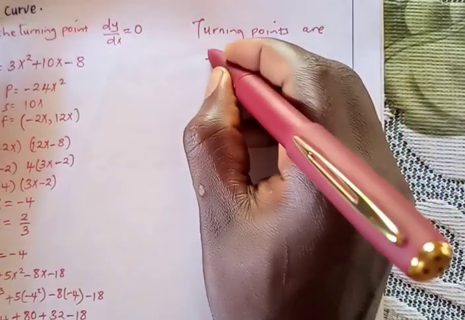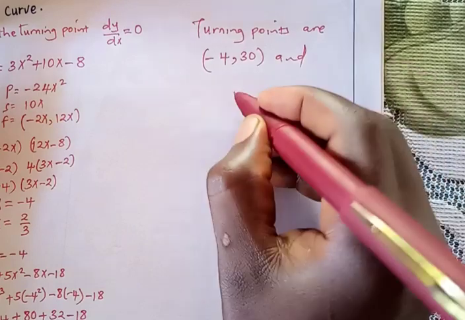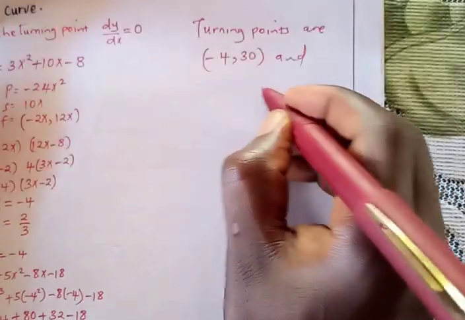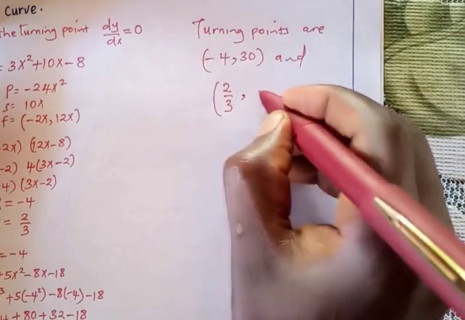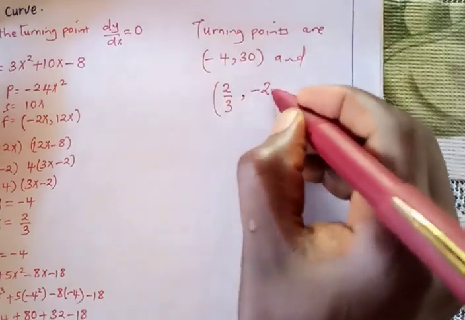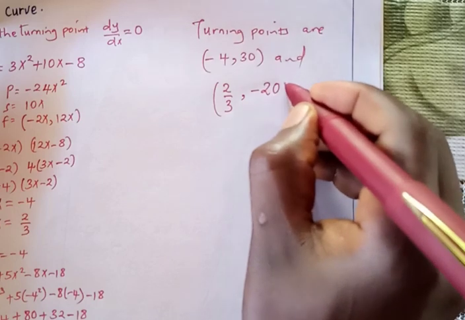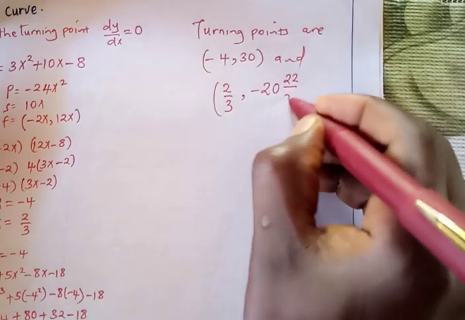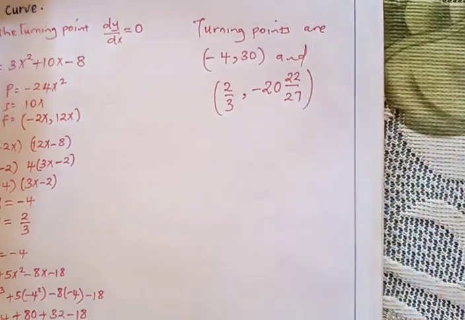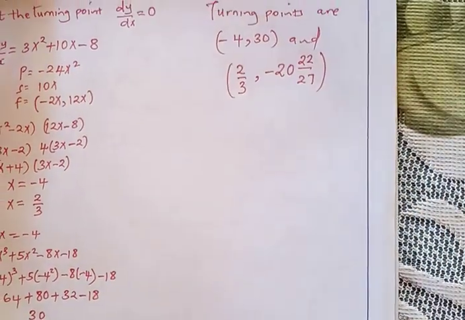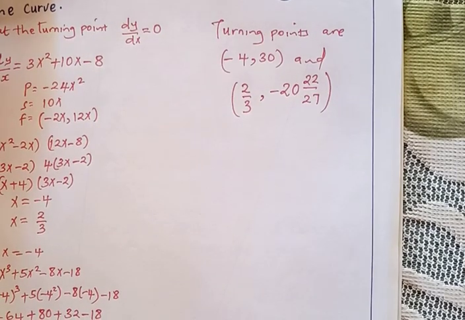That is the first one. And the second one is (2 over 3, -20 22 over 27). So this is how we work out the coordinates for the turning points.